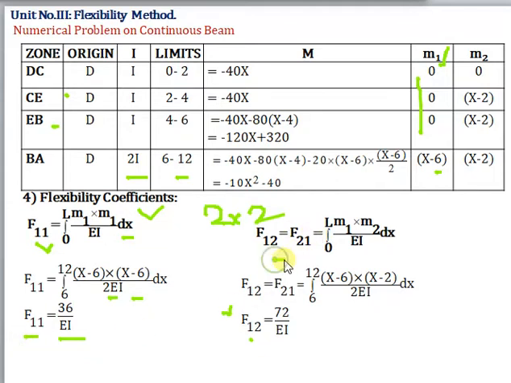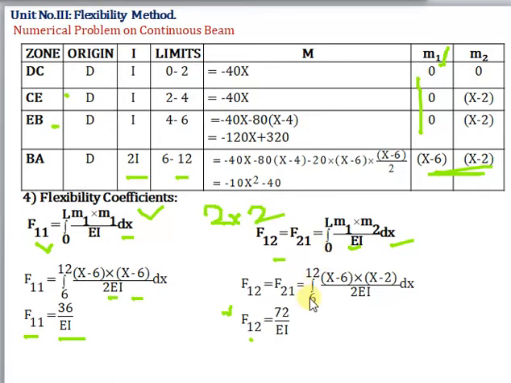Then f12 is equal to f21. Therefore integrating from 0 to L, m1 into m2, these are the off-diagonal elements, so they are the same, divided by EI into dx. So m1 into m2 now we have to do. Again the value of m1 for the first three zones is 0. So whatever the multiplication, it comes out to be 0. So let's consider the last one, BA.